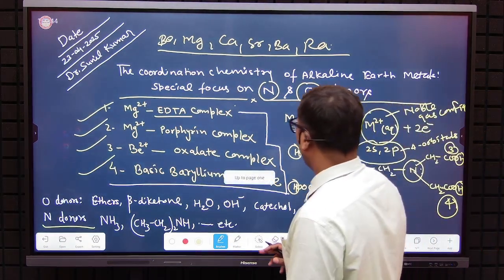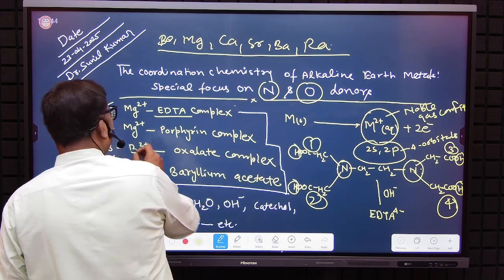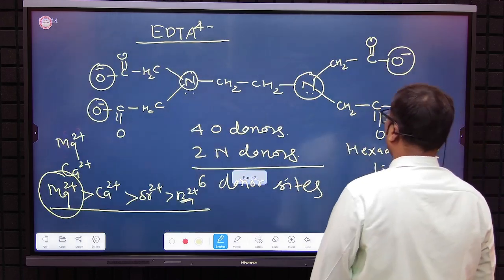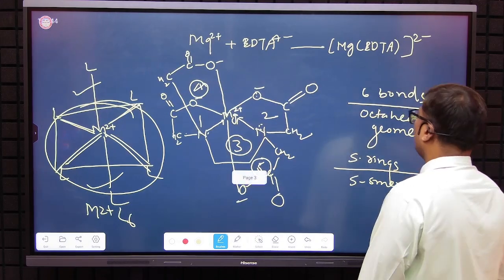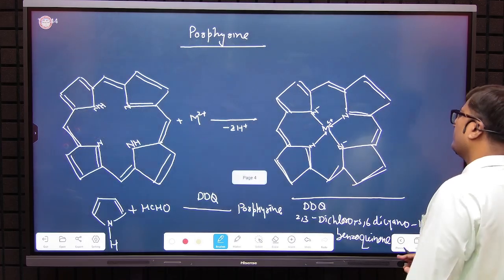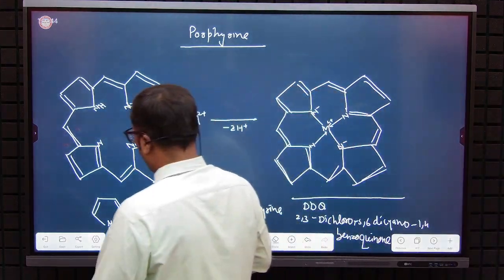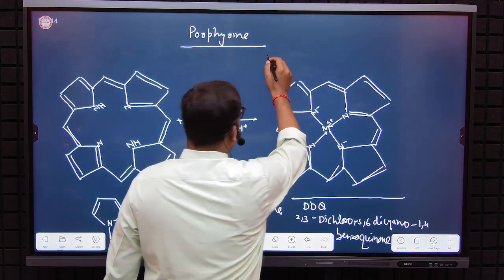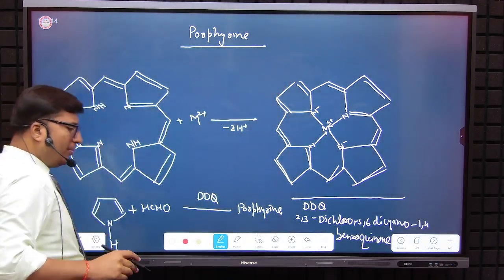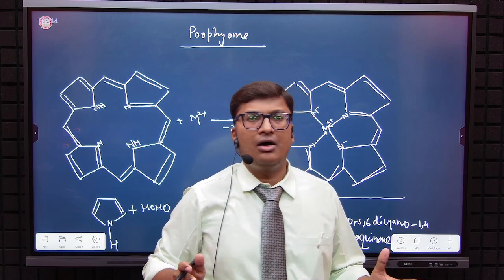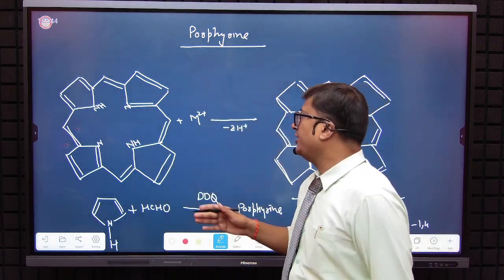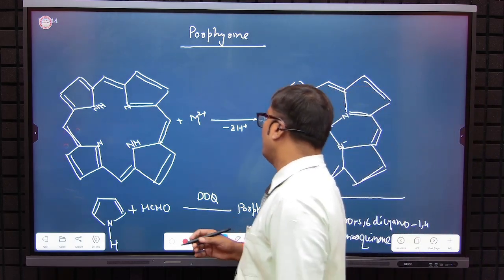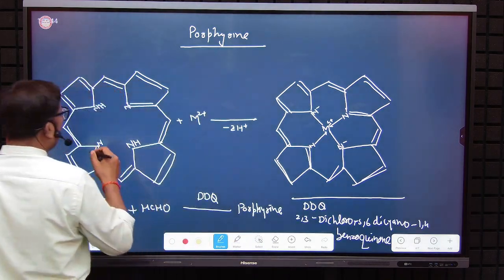Now this is the structure, and one more thing is the Mg2+ porphyrin complex. So what is a porphyrin complex? Now porphyrin, you know that this is the porphyrin structure. Porphyrin is a macrocyclic ring, a macrocyclic ligand, a Lewis base that contains only nitrogen donors, right?